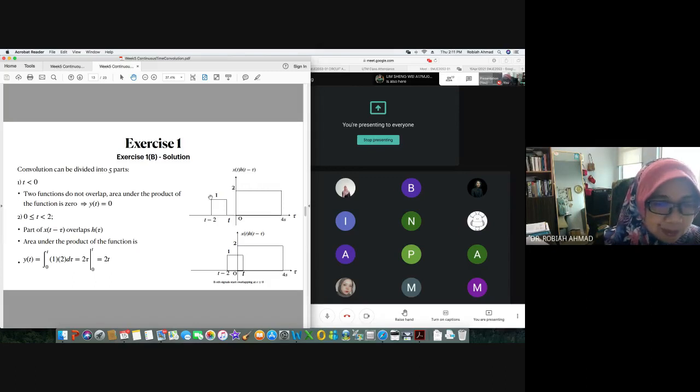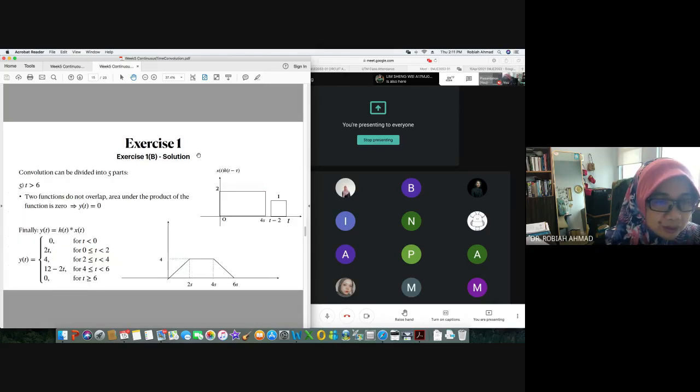For example, let us use the smaller one to be the one that goes through the shifting and flipping. So the bigger one remains here, the x(t). Let us name it as x(t). So we have x(t) from 2 to 4 seconds, and then our h(t minus tau) will be the smaller square.